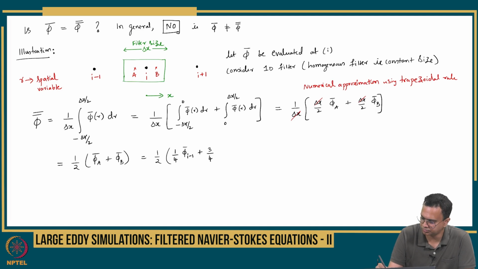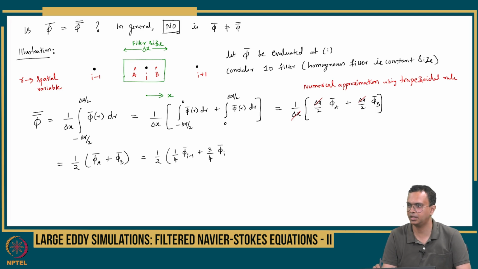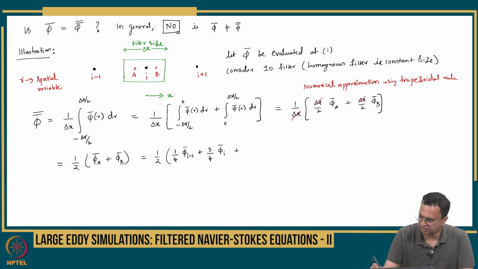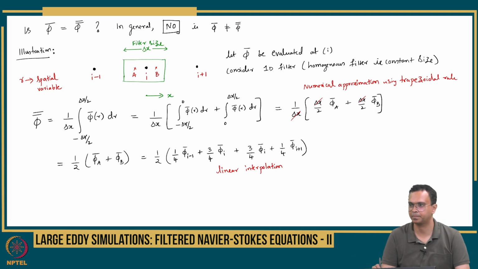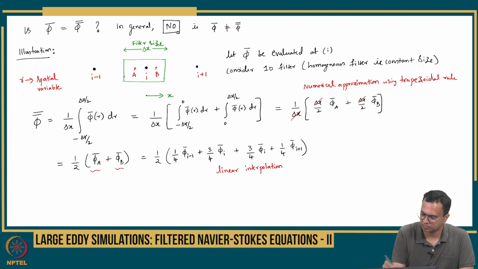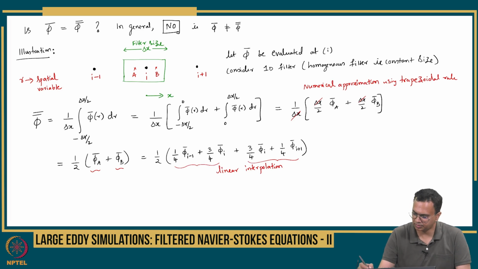Plus I have the other component, which is 3/4 phi I bar plus 1/4 phi I plus 1 bar, again using linear interpolation.